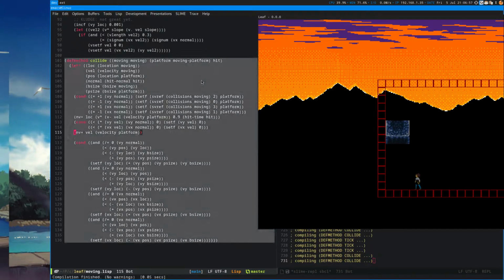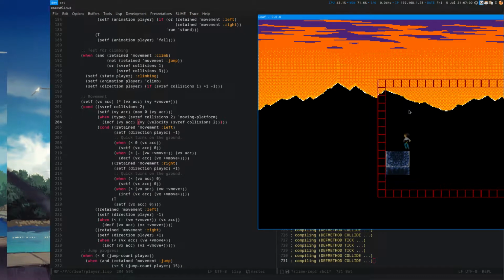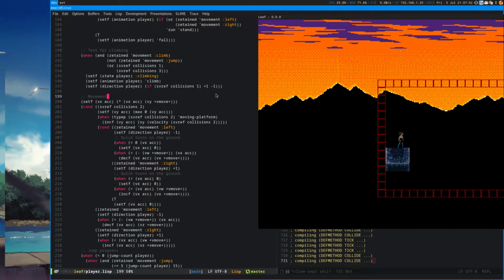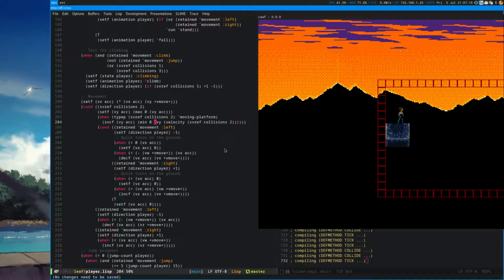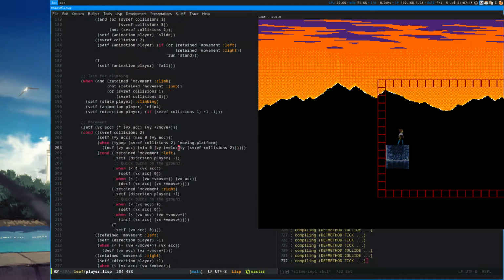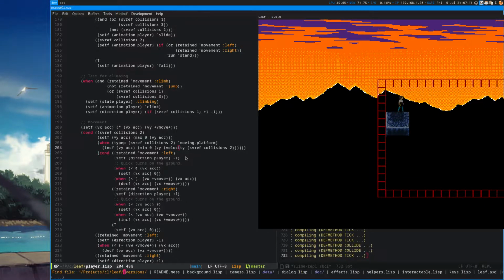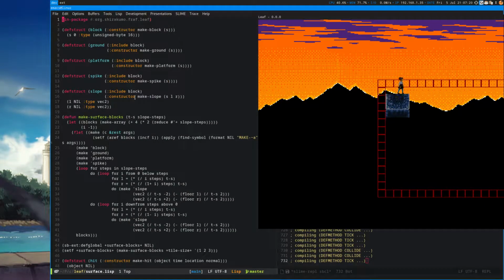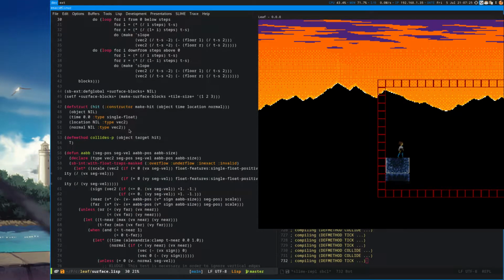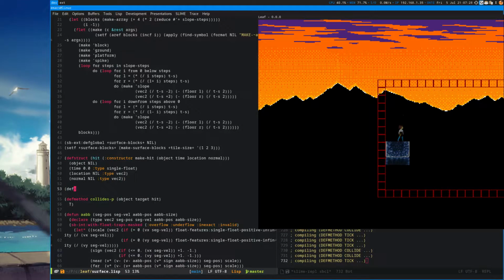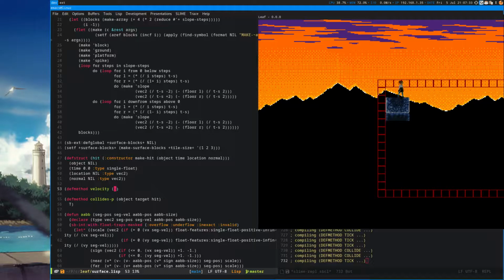Whoa. I think it might be convenient to have a method here. Velocity.